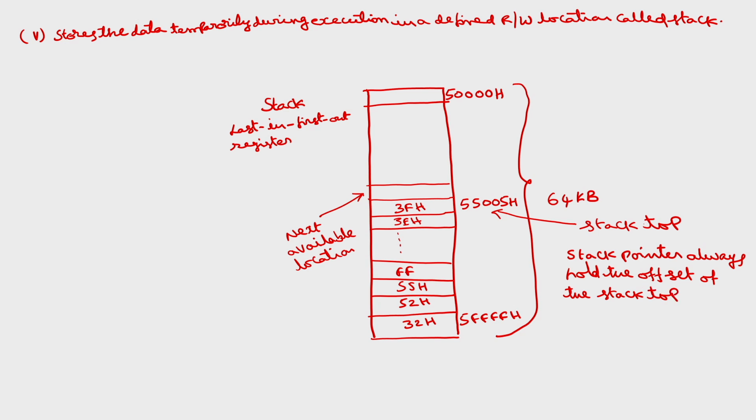In this case, the offset will be the distance from here to here, so this offset is 5005. This offset will be held by the stack pointer. The contents of the stack pointer will be the offset from the starting of the stack segment to the stack top. So, the stack pointer location will be 5005.